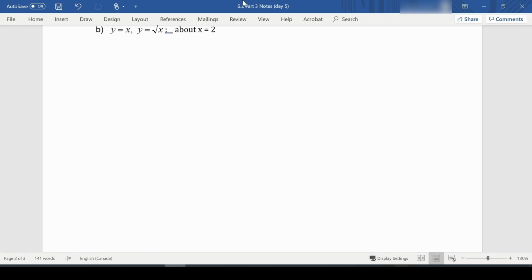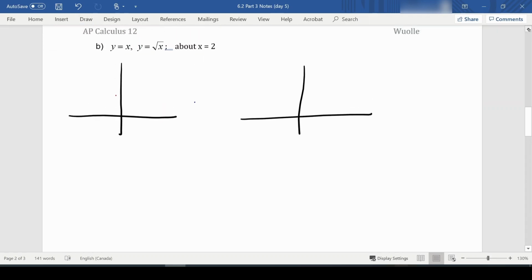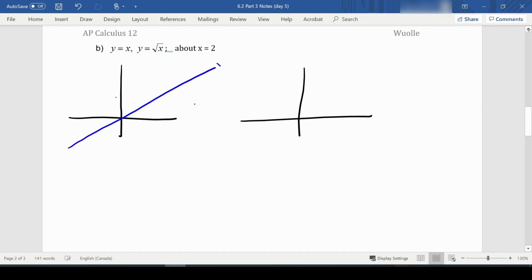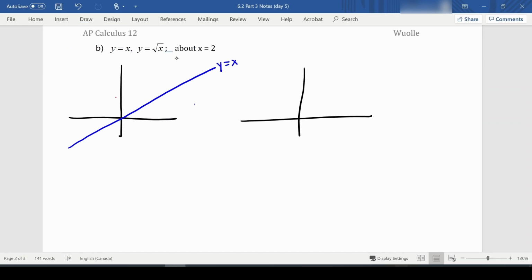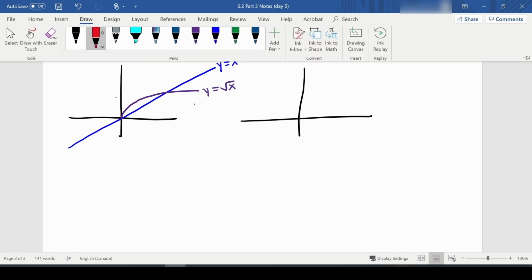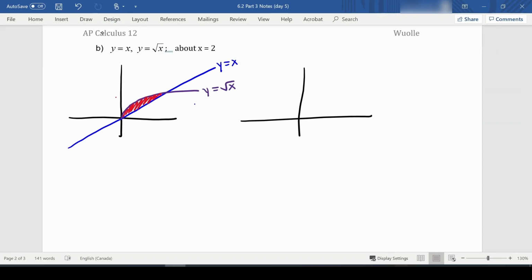All right, let's try another one. We've got the line y equals x, and we have the line y equals root x, about x equals 2.